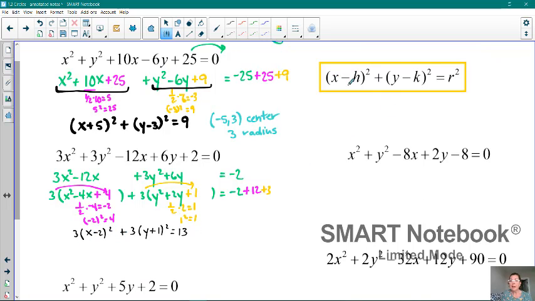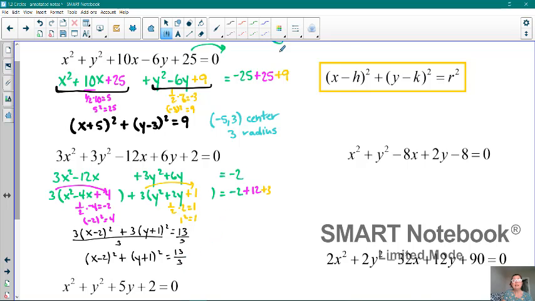So we look at our standard form and we see we don't want any coefficients out here. Okay, no big deal. What we will do is divide both sides of the equation by 3. We now have x minus 2 quantity squared plus y plus 1 quantity squared is equal to 13 thirds.